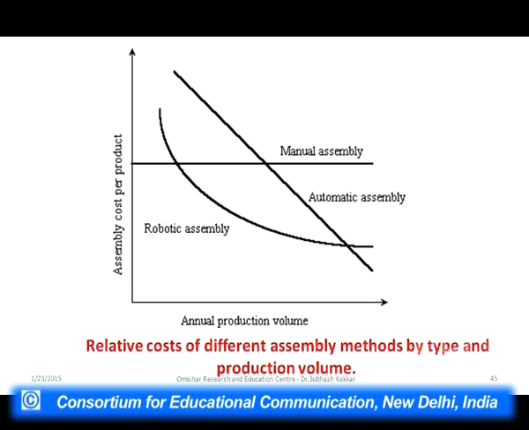On the other hand, if we use hard automation or soft automation, so automatic assembly or robotic assembly, the cost will get reduced as the volume increases. For automatic assembly lines where hard automation is used, the cost falls with the number of products to be made annually, and it is a straight line going downwards.